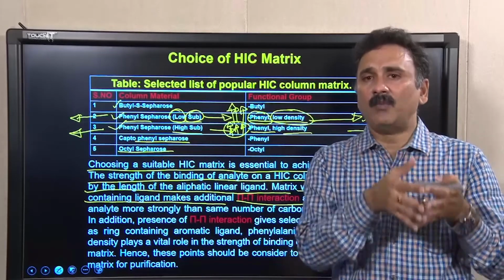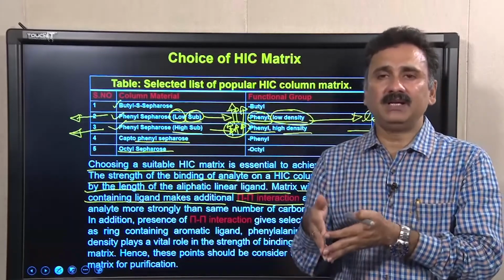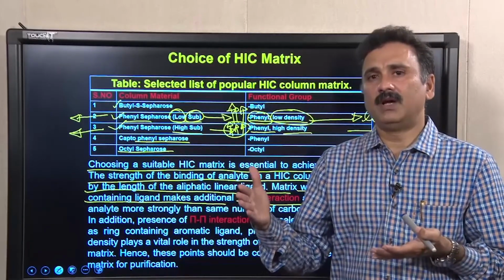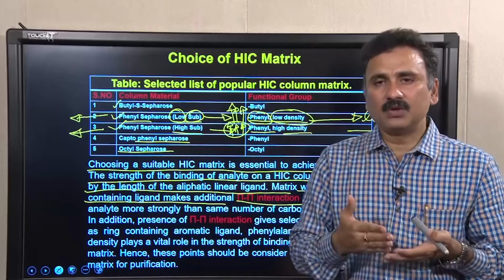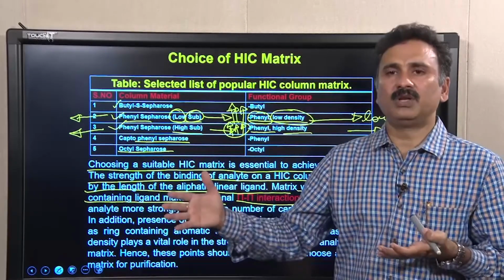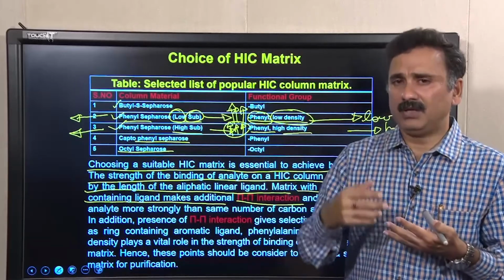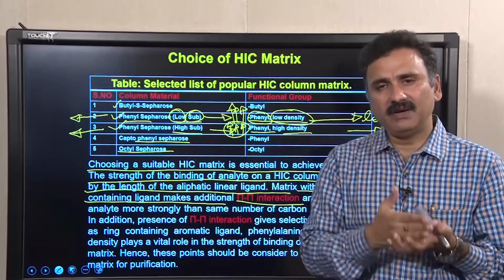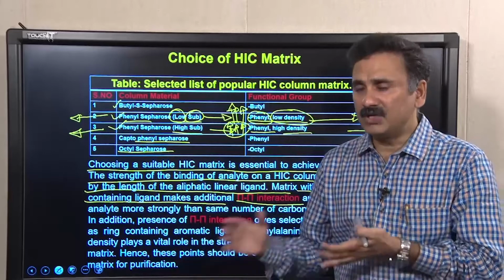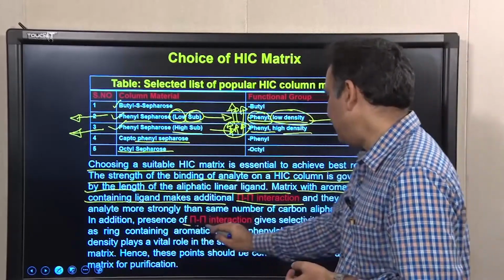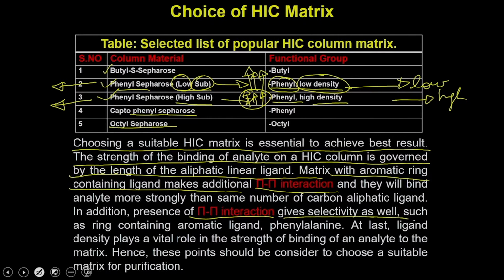Depending on how much salt concentration your protein can withstand and how much affinity you require to bind your protein of interest, you can choose the matrix containing the aliphatic side chains or the aromatic side chains. Because the pi-pi interaction always gives selectivity, such as the ring containing aromatic ligands with phenylalanines.